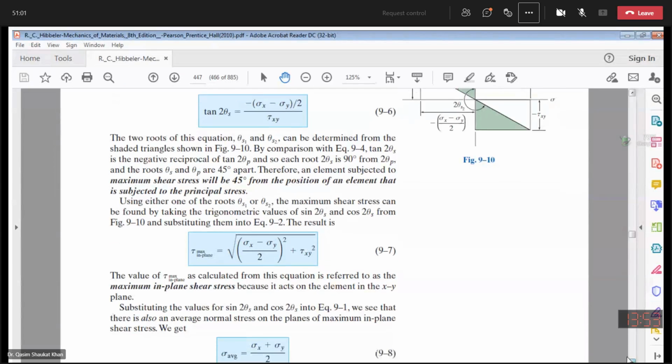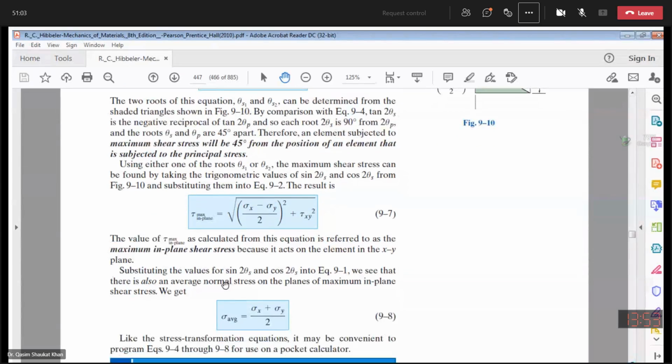Other thing is that substituting the values of sin 2 theta s and cos 2 theta s in equation 1, that is sigma x dash is equal to sigma x plus sigma y over 2 plus sigma x minus sigma y over 2 cos 2 theta plus tau xy sin 2 theta, you will get the average normal stress, sigma average, sigma x plus sigma y over 2.